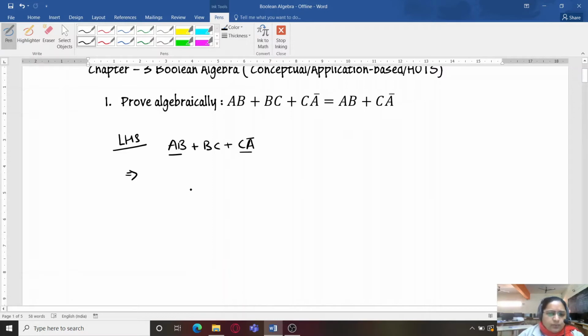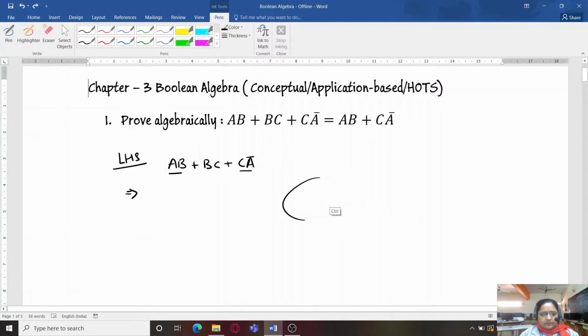So what to do? We have to preserve these two terms, and we need to eliminate BC. So we will first write the terms this way. We will just interchange the terms.